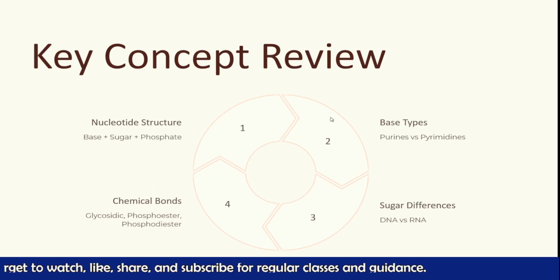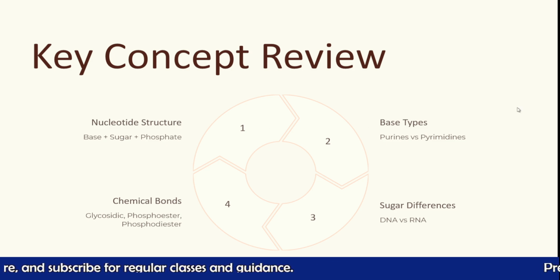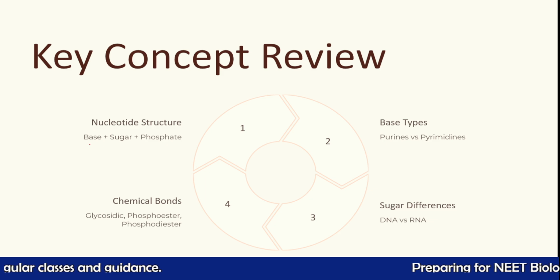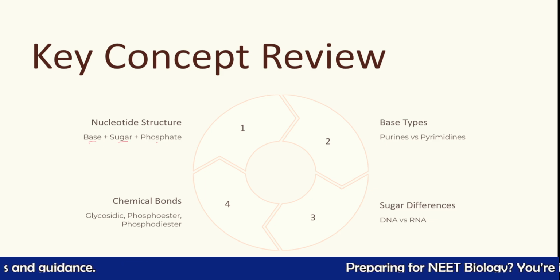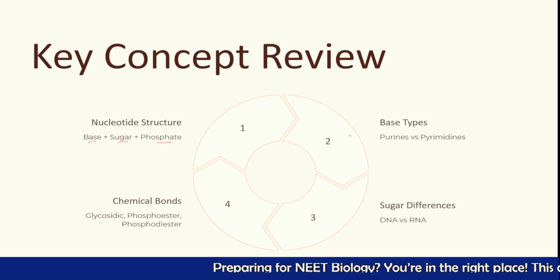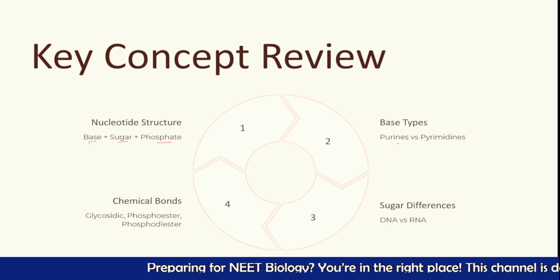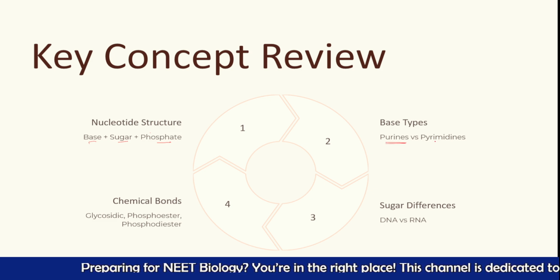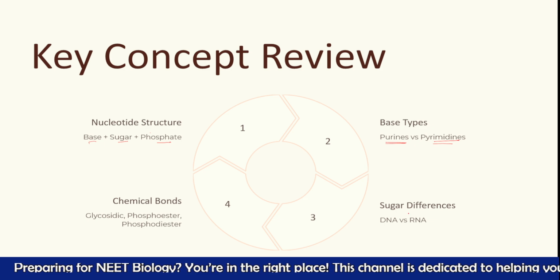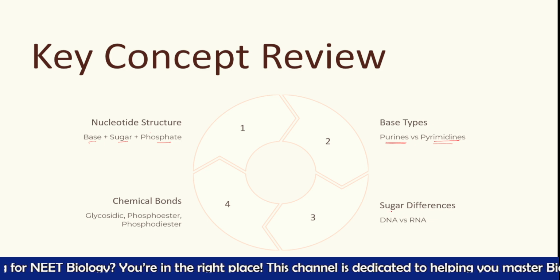Okay, so in today's session we discussed the components of a nucleotide. What are the components? There is a nitrogen base, a sugar, and a phosphate that together form the nucleotide. The different nitrogen bases are classified into purines and pyrimidines. Then we learned about the sugar differences.